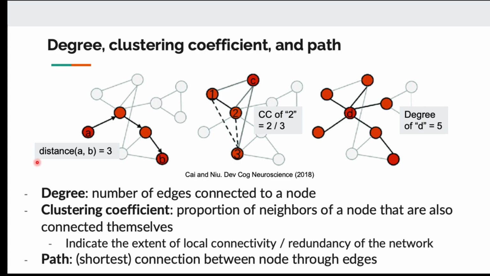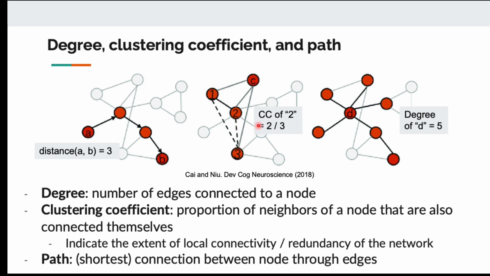The idea is, if we want the clustering coefficient of a node, let's say node number 2, we examine the neighbors of node number 2, which are 1, 3, and 3. So there are 3 nodes.